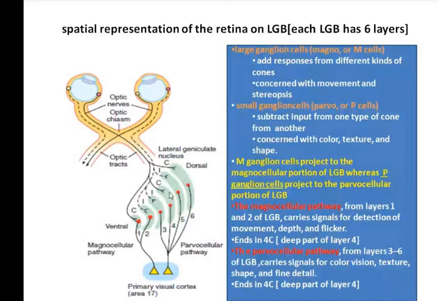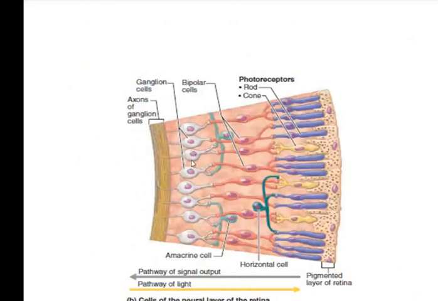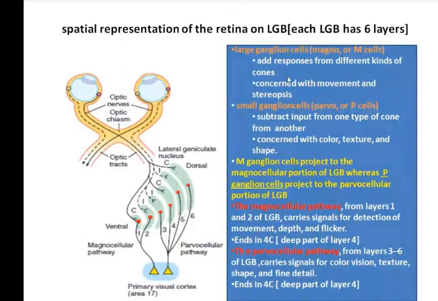Now, the large ganglionic cells are also known as M cells or magno cells.